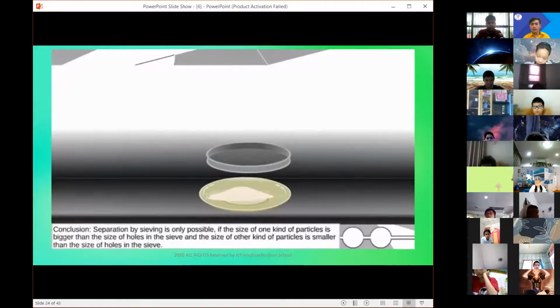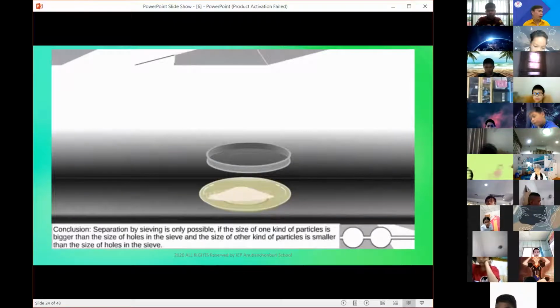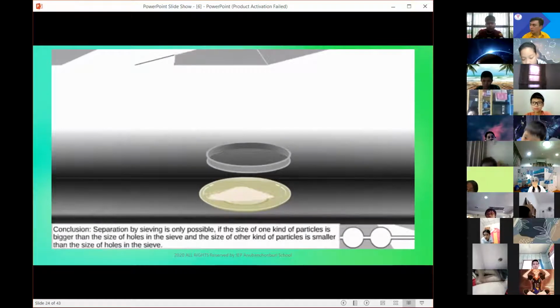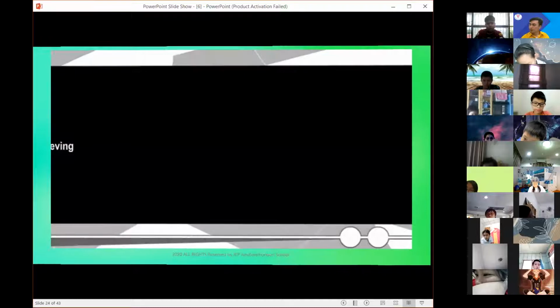So we can use sifting or sieving if one solid is bigger than the other. You understand? Like sand and pebbles. Sand is very small, very fine, and pebbles are bigger. So we can use sifting there.